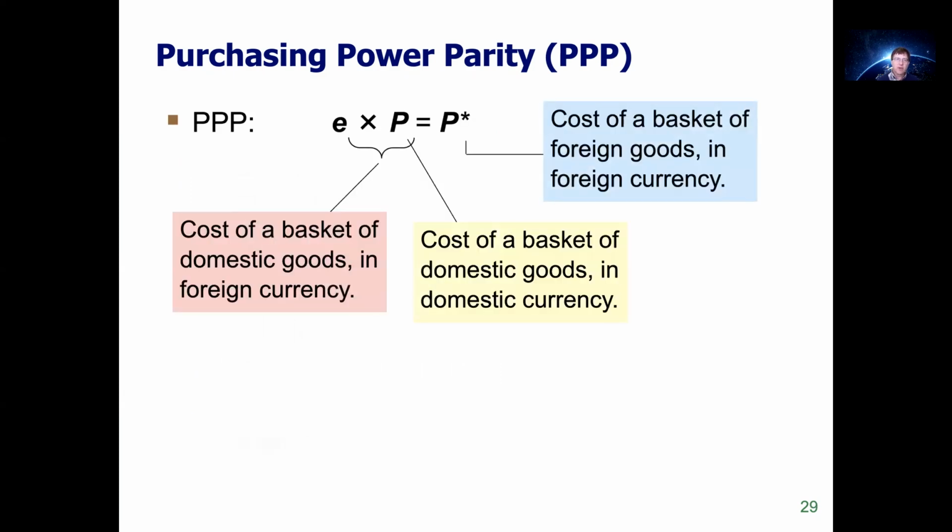But suppose it were, then the nominal exchange rate would be equal to simply the price level abroad in nominal terms divided by the nominal prices in the US.